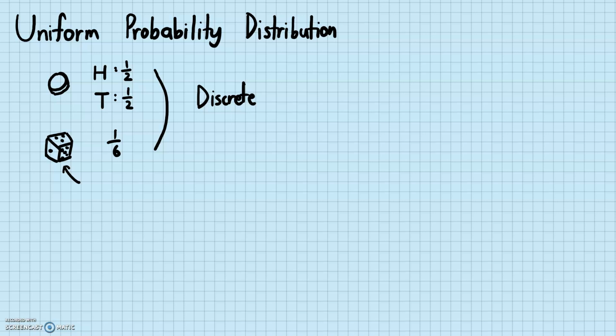But even in continuous cases, we have uniform probability distribution. One example of that is a spinner. I'm spinning this arrow and I'm wondering where this arrow is going to land. Just for simplicity's sake, I'm going to divide this circle up into 4 sections: 0, 1, 2, and 3.